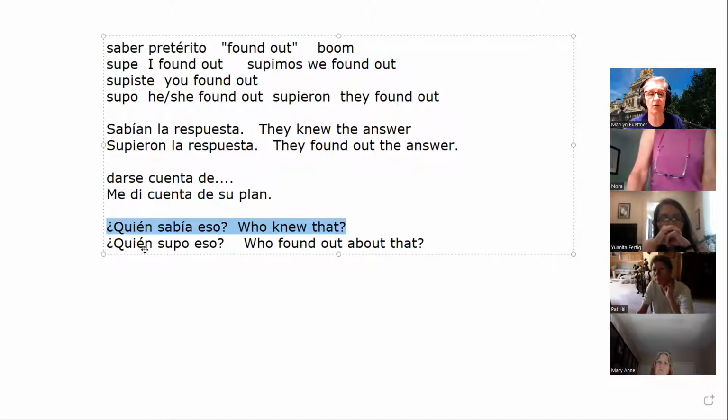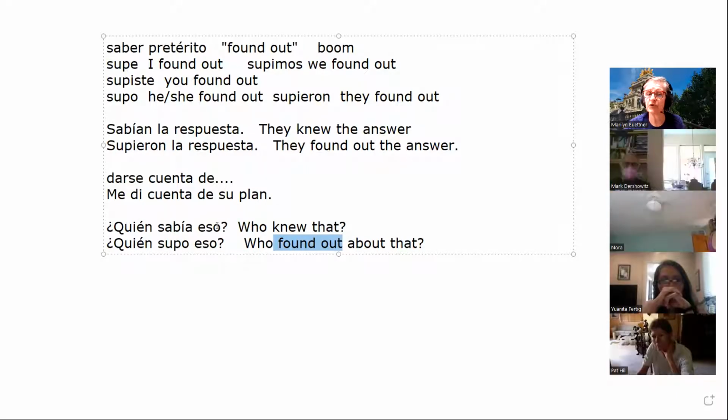When do you need to use this verb? When you specifically mean found out. But if you're going to say knew, it's this. Sabía. Boom.